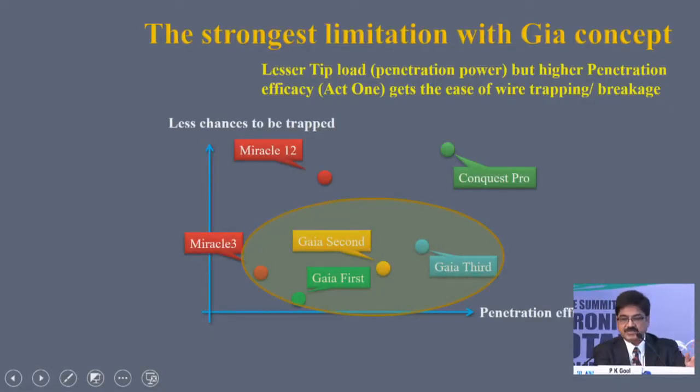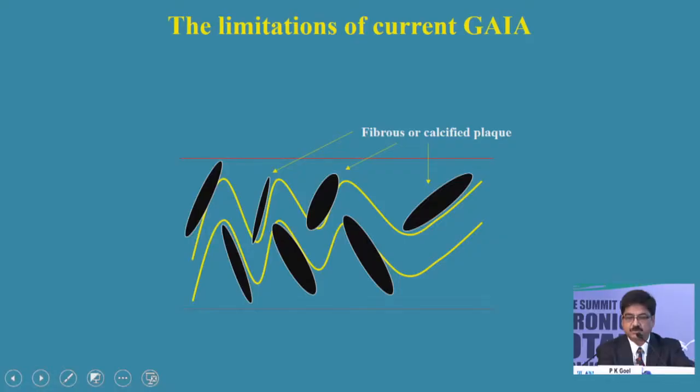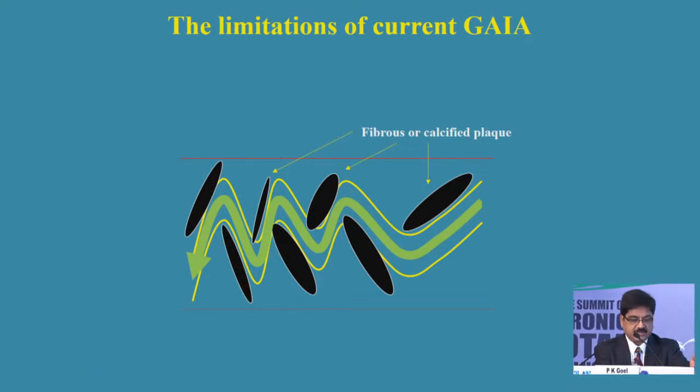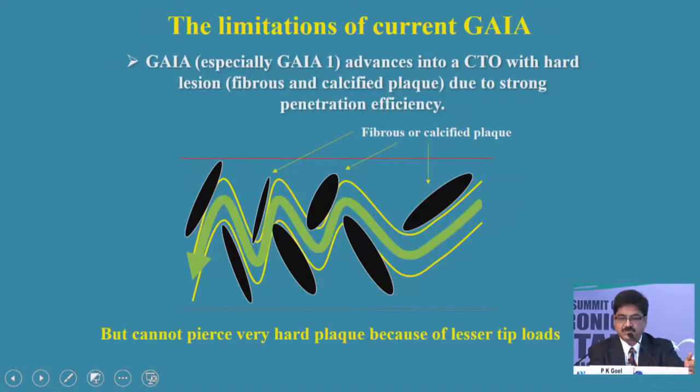So the strongest limitation with Gaia wire is, if you see this picture, the Gaias are falling low, so their penetration efficiency is strong, but their tip loads are less. Because of efficiency, they enter a zone, but they cannot exit because their tip load is less. So they will enter a calcified plaque like this, but now they cannot exit, and now you start rotating it, and it will get trapped there.